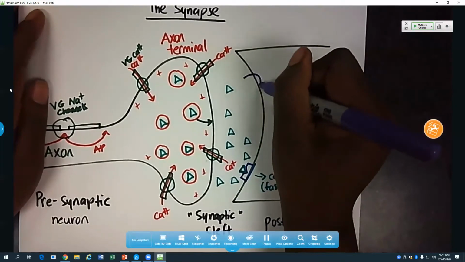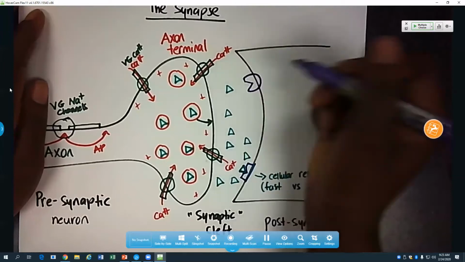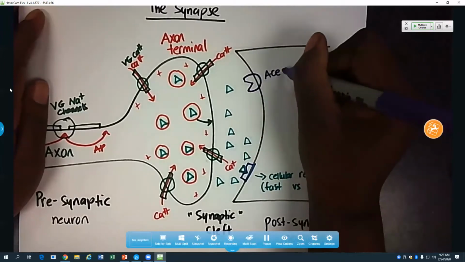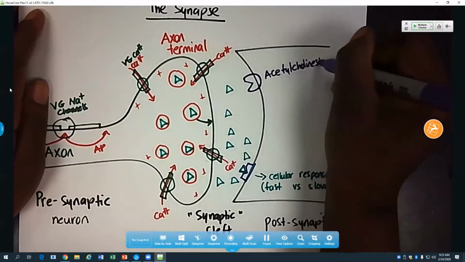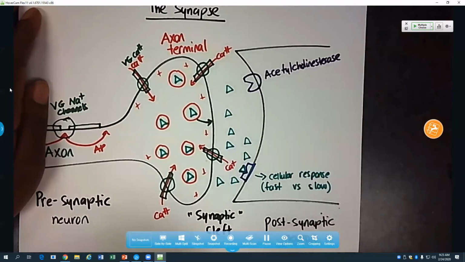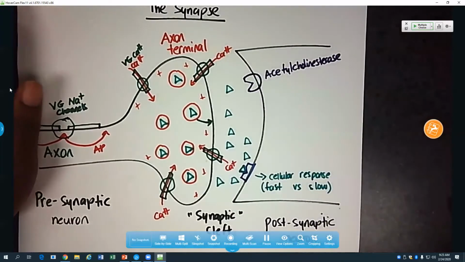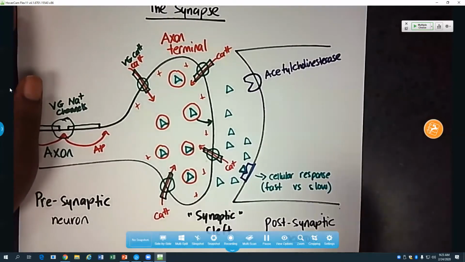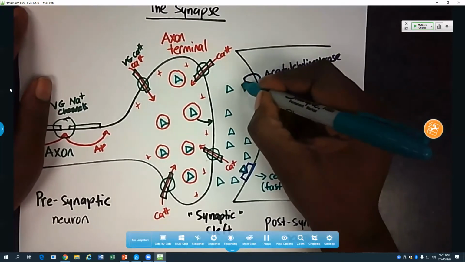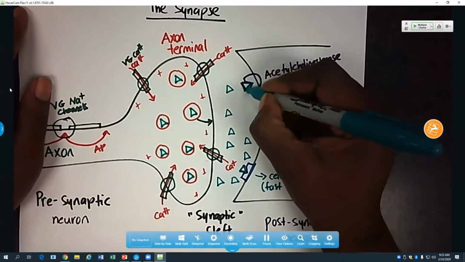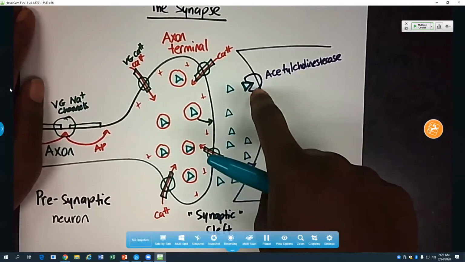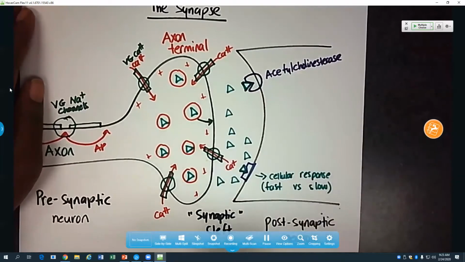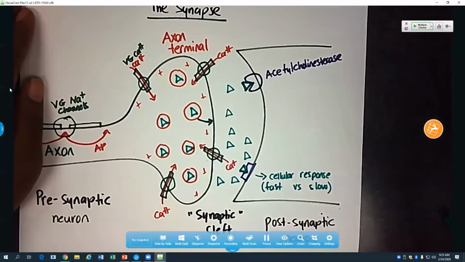One is called this enzyme. This is called acetylcholinesterase. Okay, it's a really long name. We'll go on to speak more about it, but basically it's going to degrade this neurotransmitter, which is usually acetylcholine. And this enzyme will break this neurotransmitter down to smaller pieces, and then we can have another structure here.